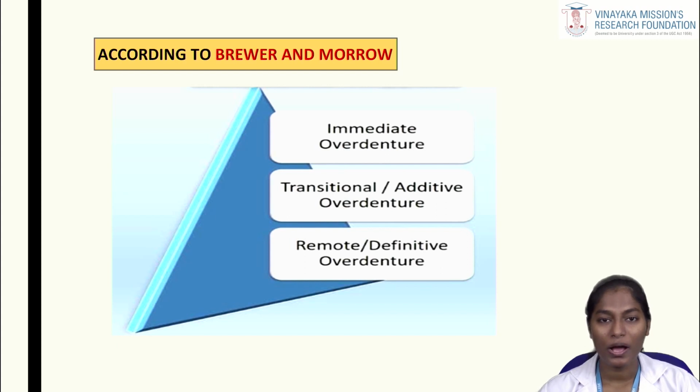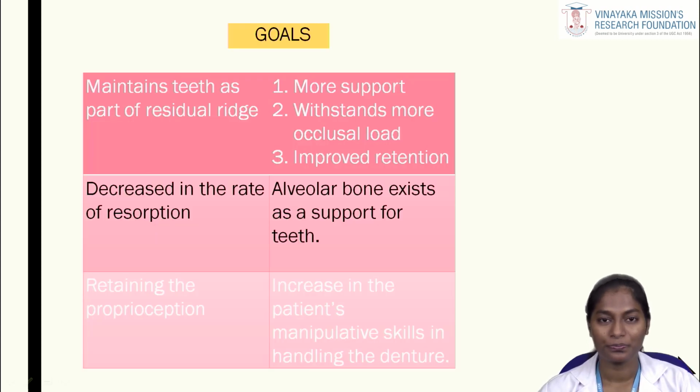So always you have a positive side in overdenture. When you feel the prognosis is poor or the response to the treatment is poor, you can convert your overdenture to a serviceable complete denture also. So this ends with the classification.